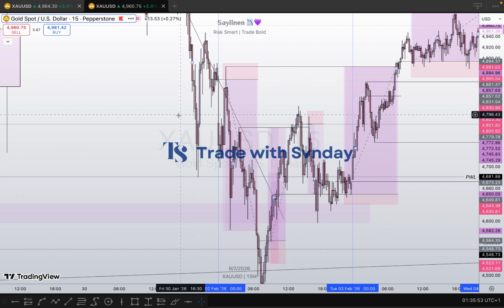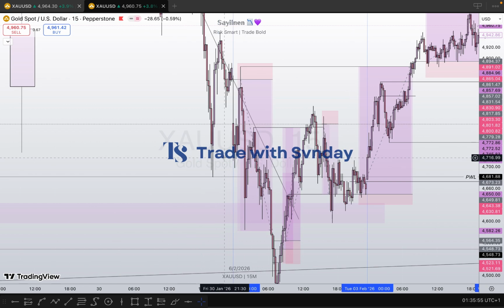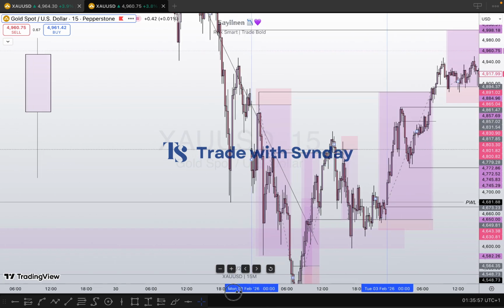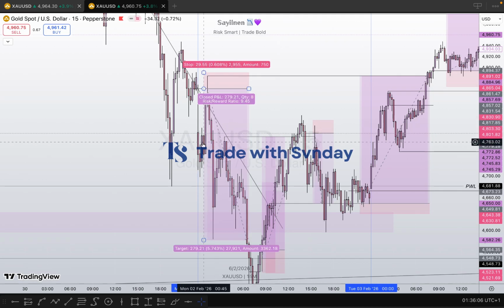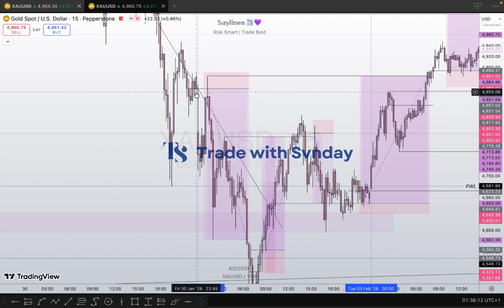But when the market opened on Sunday, down towards early Monday, that's during the Asian session, we saw price gap down aggressively, which means price gave a full body close below this whole region here.